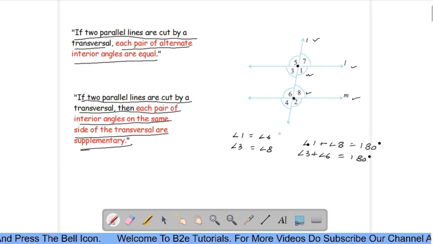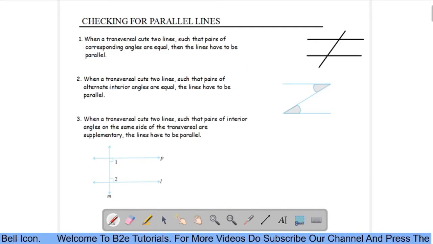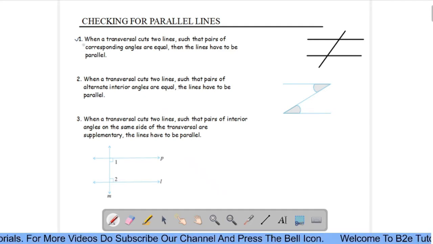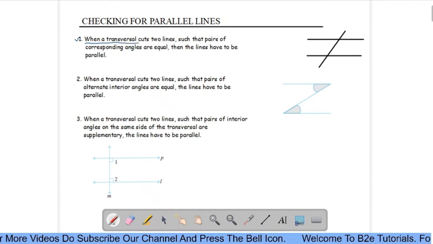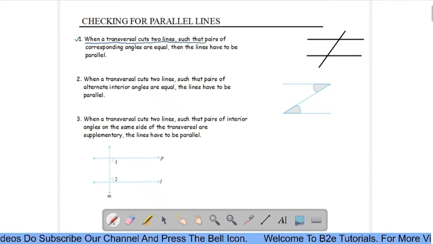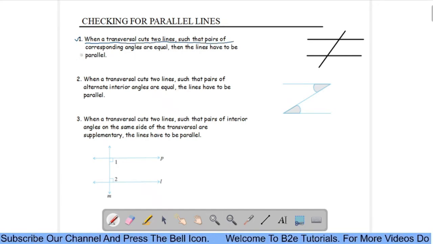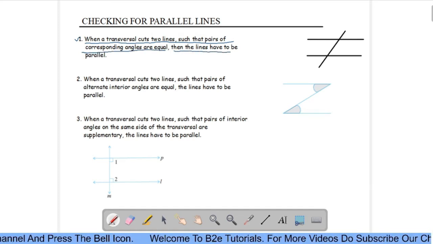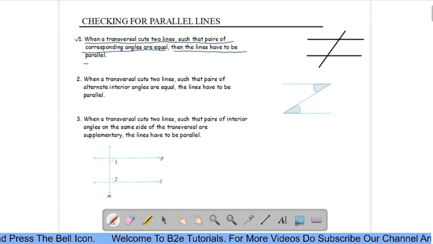Now come to next, checking for parallel lines. The first part: when a transversal cuts two lines such that pairs of corresponding angles are equal, then the lines have to be parallel.